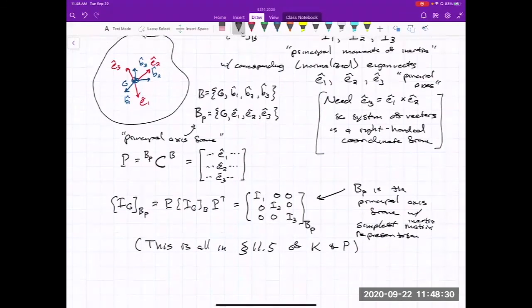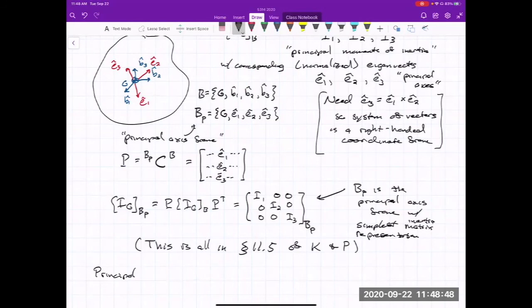These principal axes have a physical interpretation in that if you were in empty space, it's possible to have pure rotation around a principal axis direction.